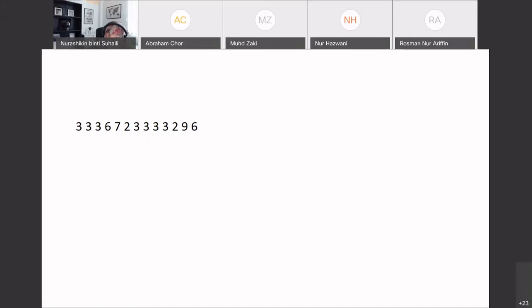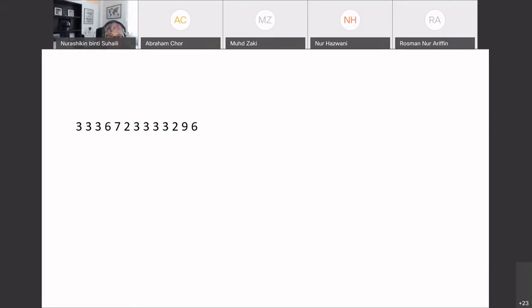So how do you find the median? Median is 3.